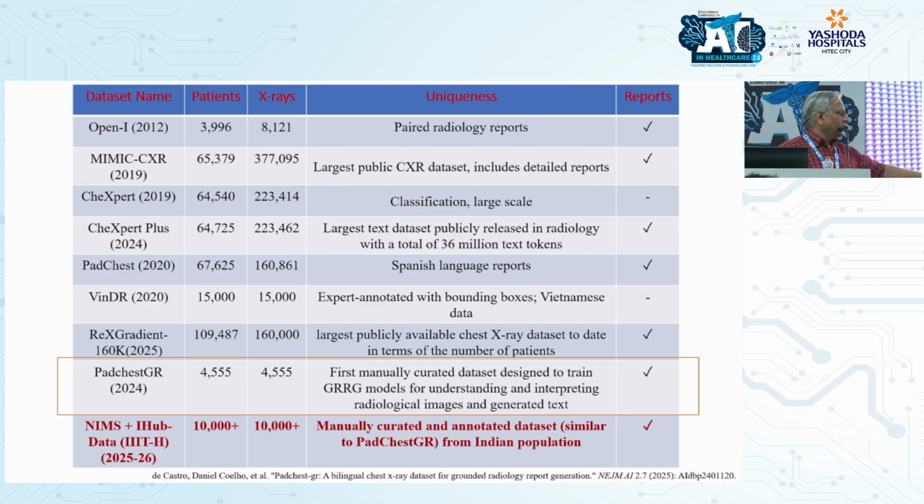We are around 60% of the way in this process. It's expected to be completed, and then we will make it an open data set by the end of the year. We are also building a vision language model on top of this as a use case to generate automated text reports along with the grounding.